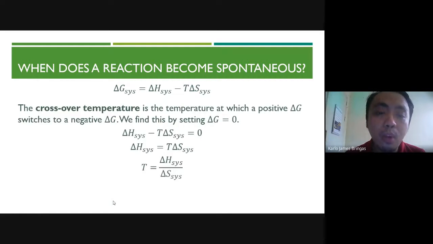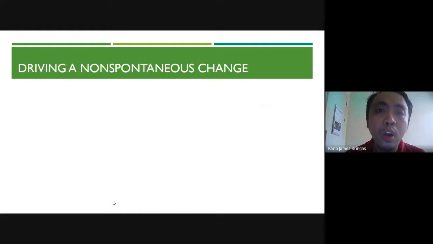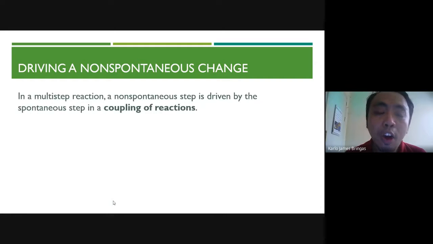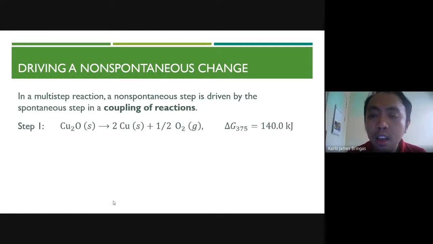Another means by which we can force a non-spontaneous reaction to be spontaneous is by coupling it to another reaction. So you can have this particular reaction here in step 1. At 375 Kelvin, the delta G for this is 140 kilojoule.